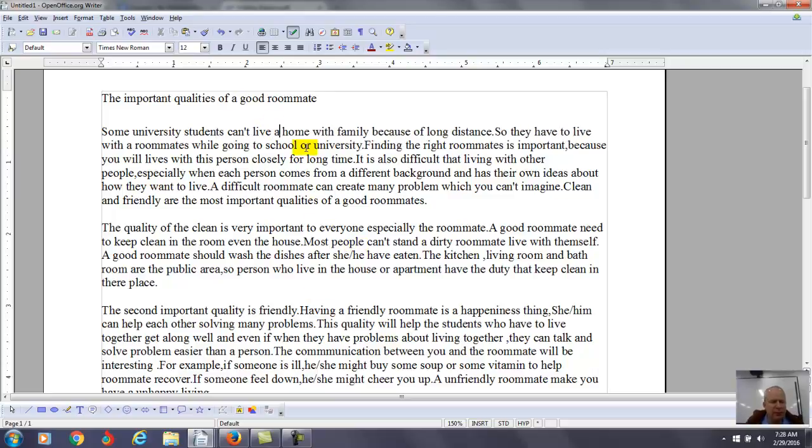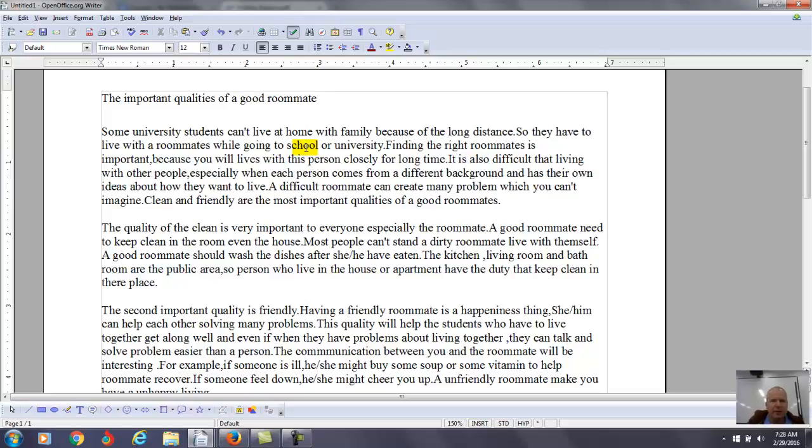Maybe change this to at home with family because of the long distance. To make this a little more formal, we can say hence they have to live with plural noun roommates while going to school or university.